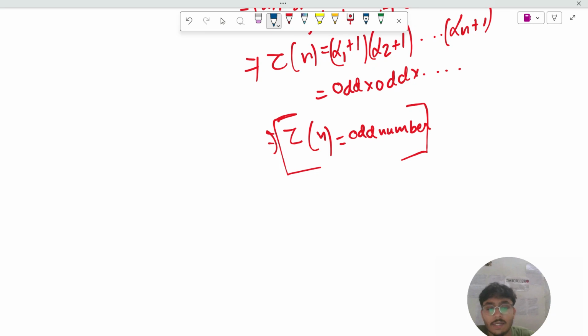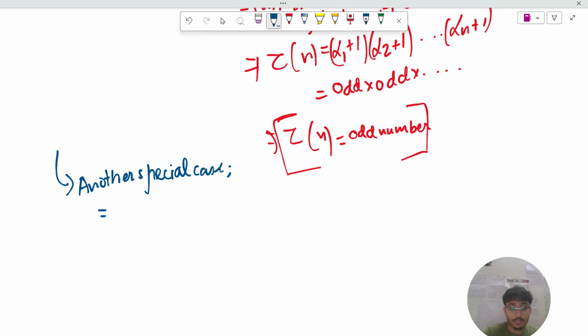The PC is getting overheated, so it's becoming a problem. But I have found a solution though. Okay, so my another special case is basically here.